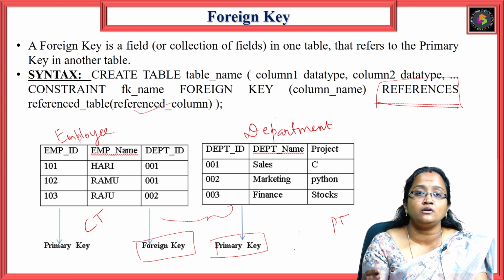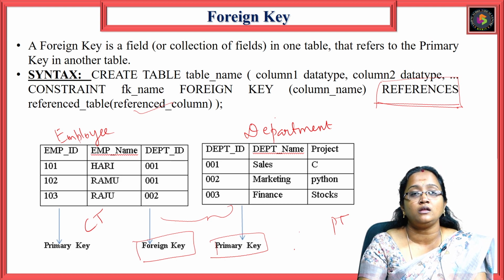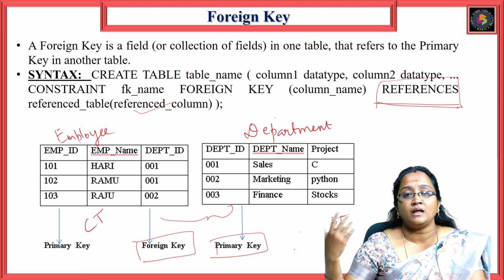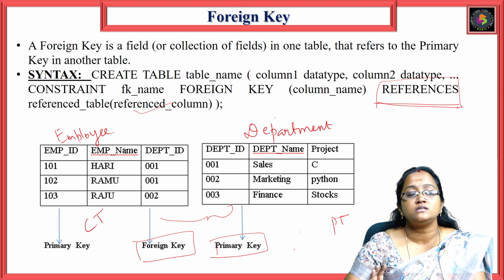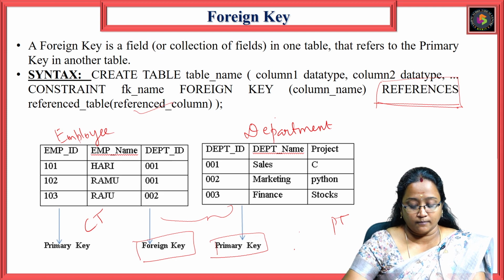Once you change anything, it should be changed first in the parent table, and only then can the changes be made in the child table. So this is a foreign key. A foreign key is a column in a table referring to the primary key of another table. When a table is referring to another table's primary key, that is called a foreign key.